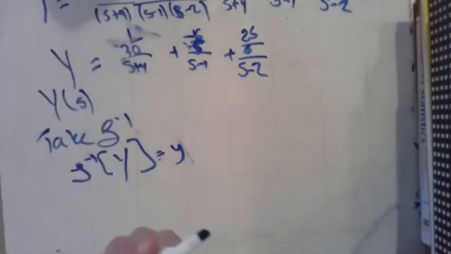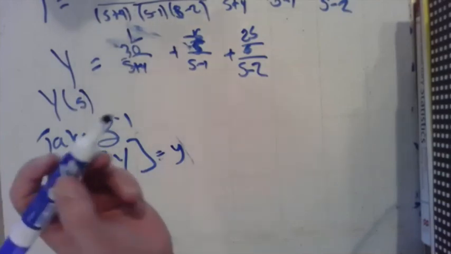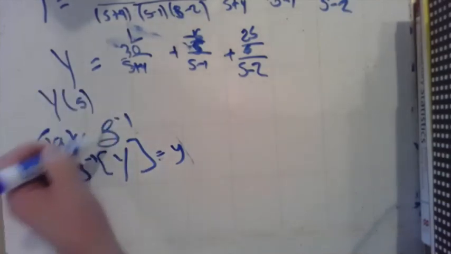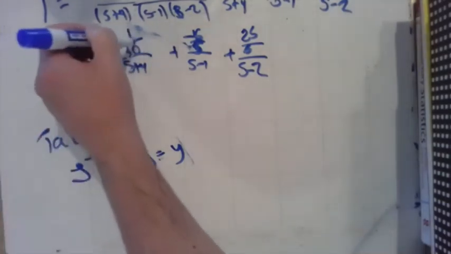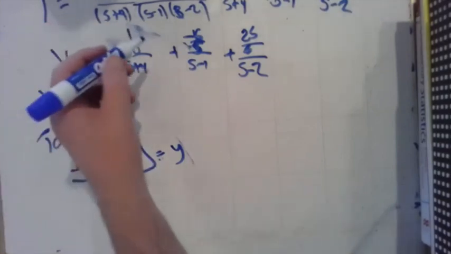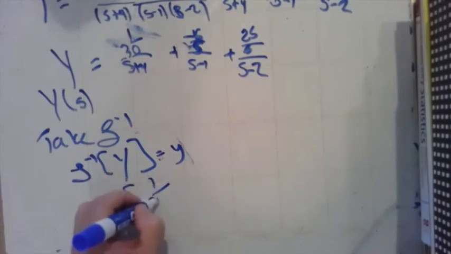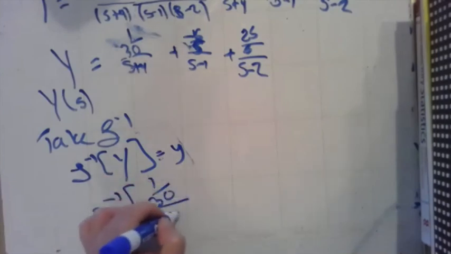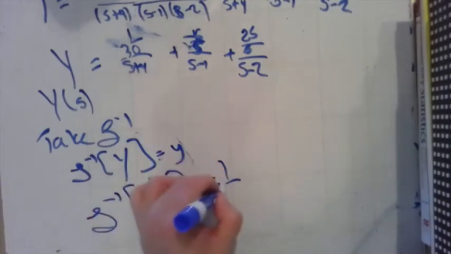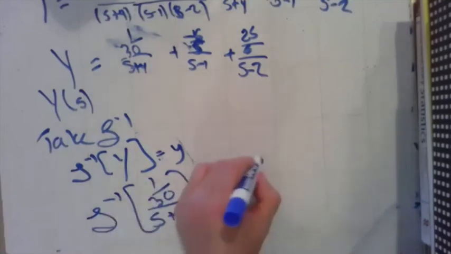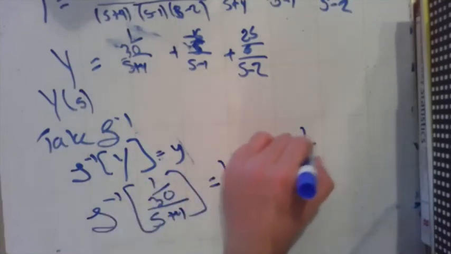Again, the Laplace transform is linear, so is its inverse. All these factors just factor out. For the inverse Laplace transform of 1 over 30 times s plus 4, I just pull out that 1 over 30, and I want the inverse of 1 over s plus 4.